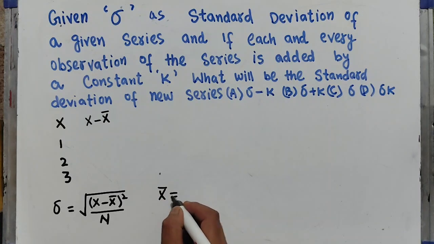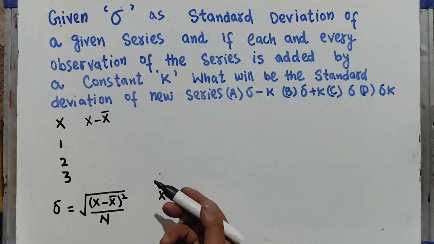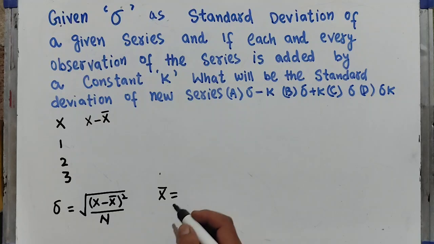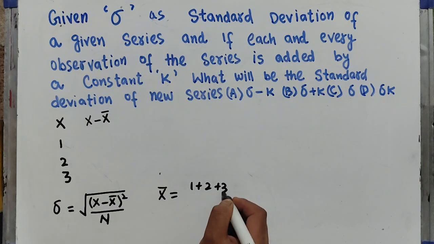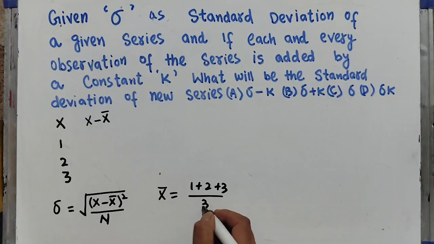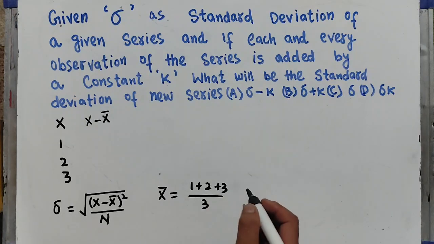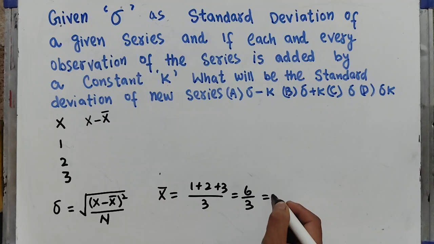Mean of x is equal to the sum of the observations divided by the total number of observations. So mean will be 1 plus 2 plus 3, and we have 3 observations here. 3 plus 2 is 5, plus 1 is 6. So we get 6 upon 3, which is equal to 2. So we got mean is equal to 2.